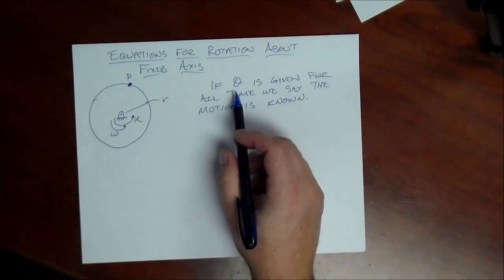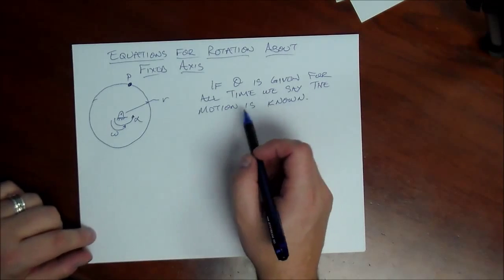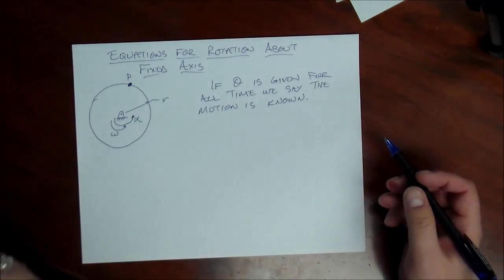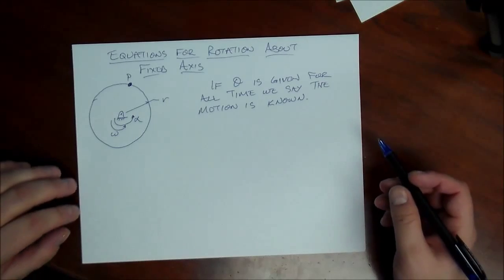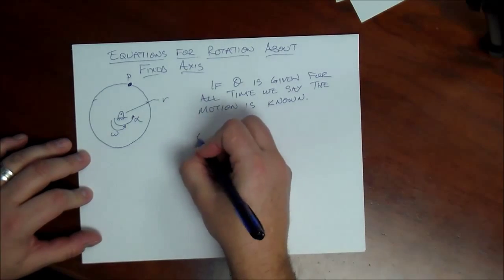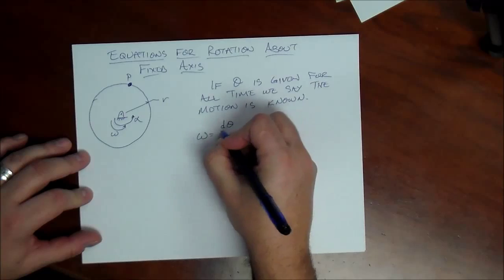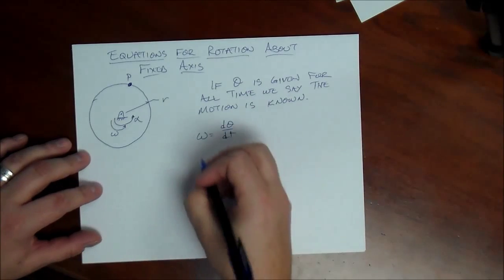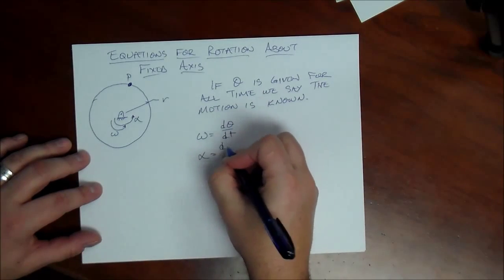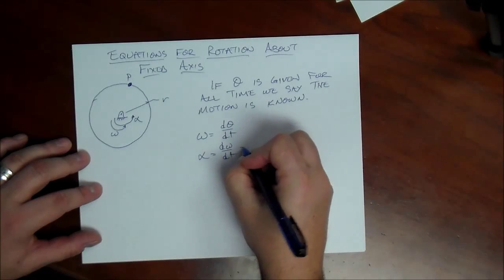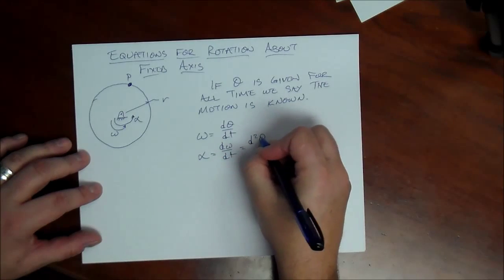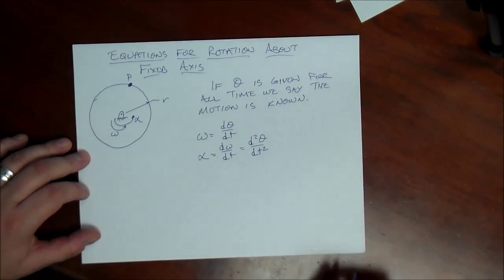If you know theta for all time, then we say that the motion is known because we can integrate to find the velocity and acceleration. For example, omega equals d theta dt, and alpha equals d omega dt. It also equals the second derivative of theta with respect to time squared.